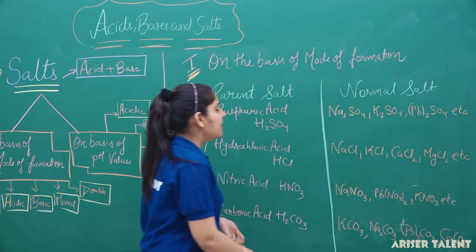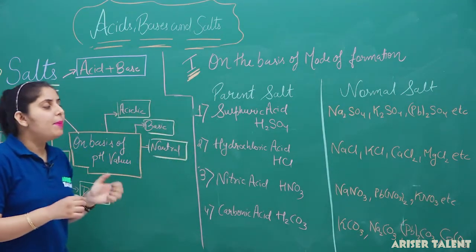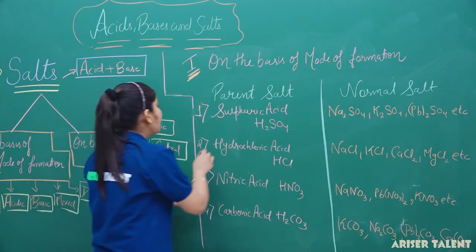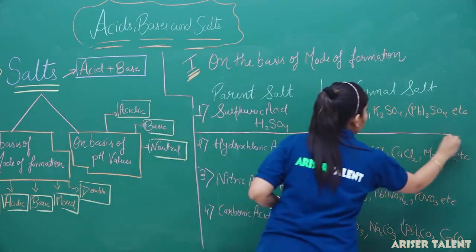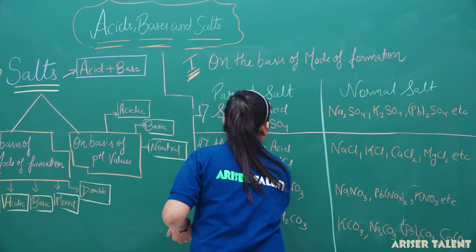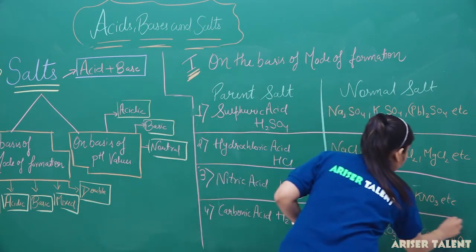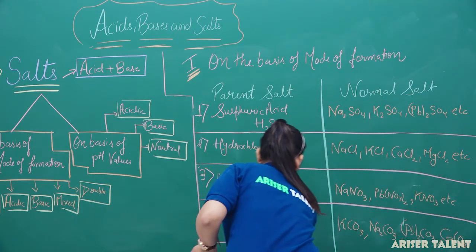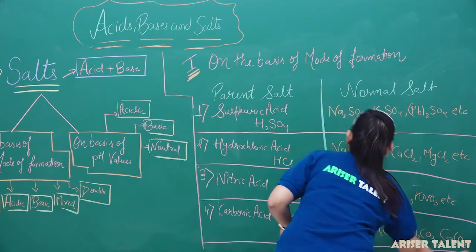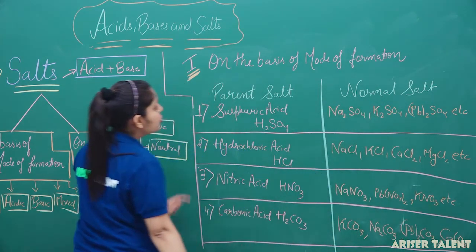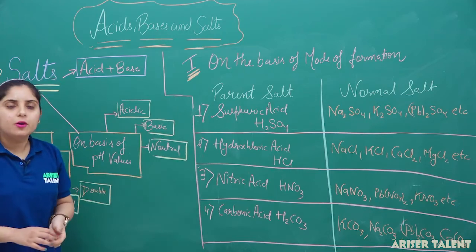So again these are the variety of salts from parent salt to normal salt. So we have the four categories here. We have many more examples in this category. From the corresponding parent salt we are able to form the normal salt. So this will be the characterization of the parent salt according to their normal salt.